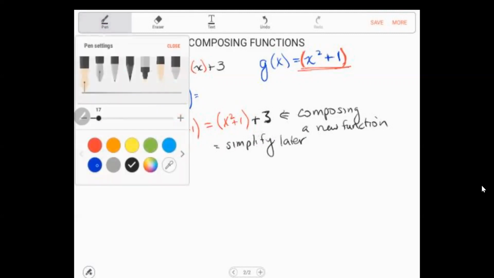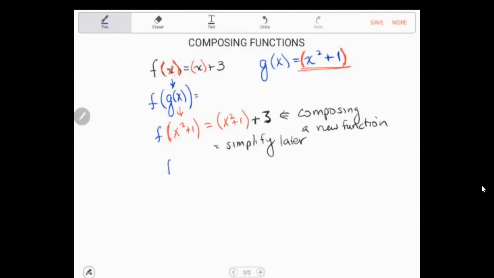Let's make our function a little bit more complicated, not super complicated, just a little bit more. So our new function is going to be x squared plus 2x minus 5.